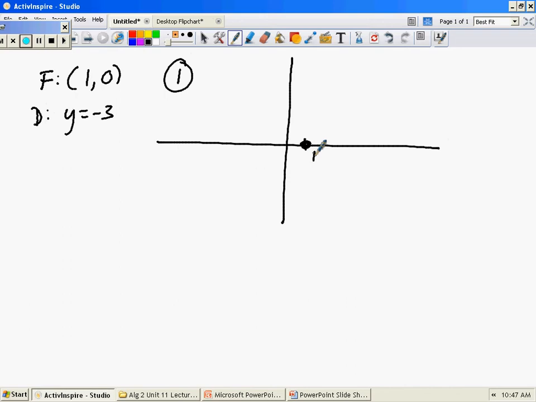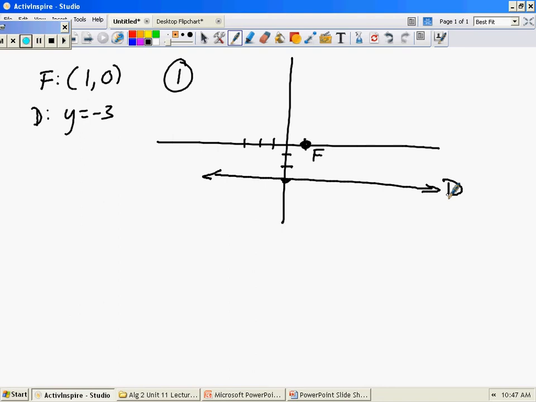There's my focus. My y is -3. Oh, I'm going the wrong way though, aren't I? It's y equals -3. So I need to find -3 on the y-axis. Then we draw a line through it. So there's my directrix. And my vertex should be dead smack in the middle of those.